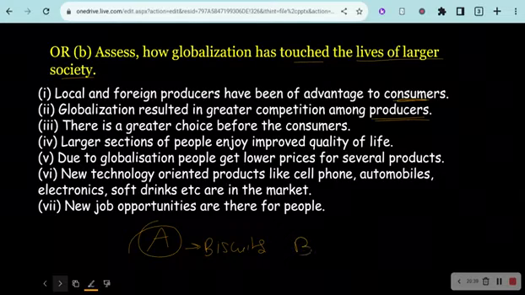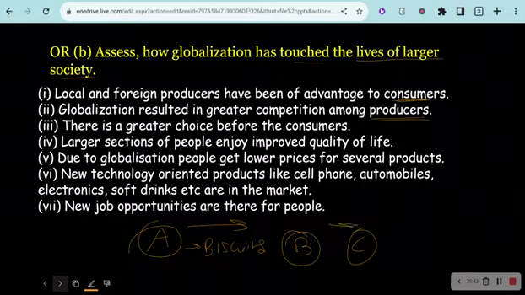But if there are two more companies, B and C, there will be rivalry, there will be competition between all of those three. The one who gives better quality to the people is the advantage to the consumers. Along with that, there is competition between these three as well, right? So it will give more choice to the consumer. If they don't like B, they will go to A, they will go to C.